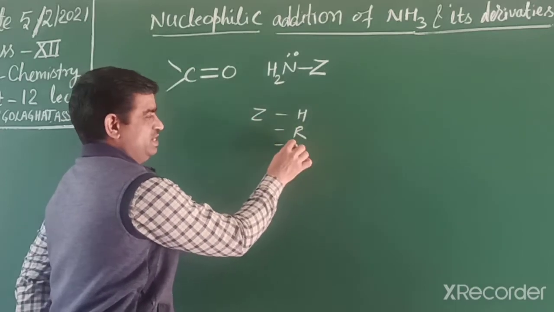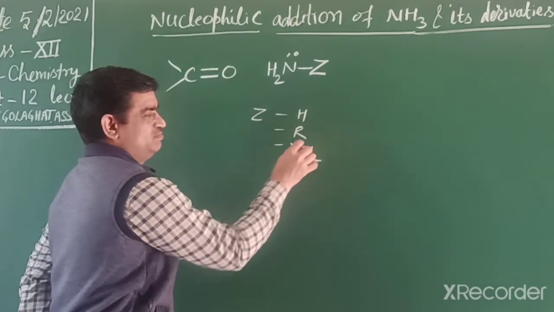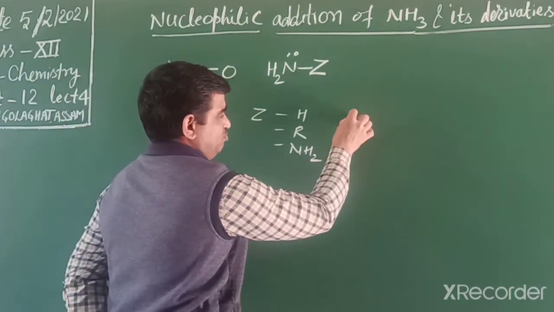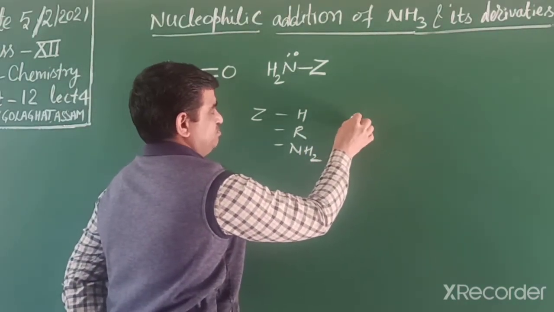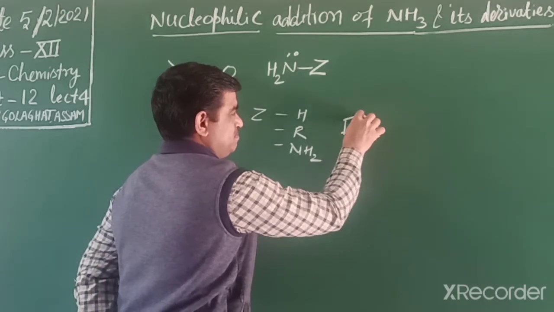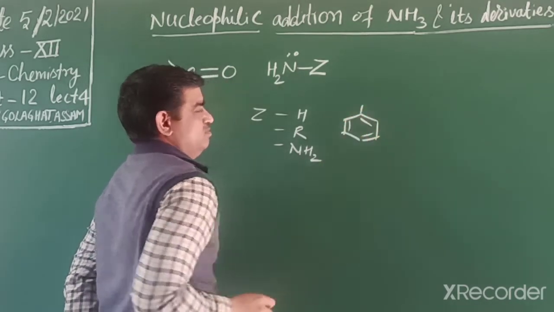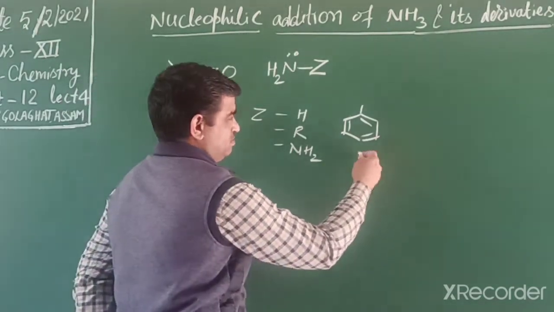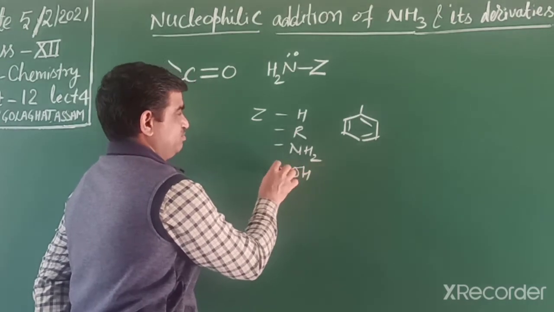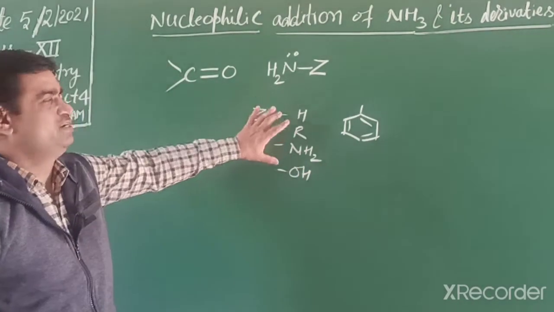It can be NH2, or another group, such as a phenyl group or a substituted phenyl group. It can also be OH. So they have different names.